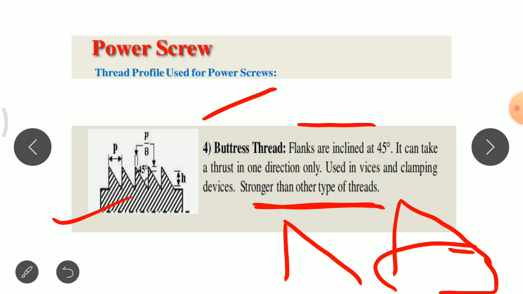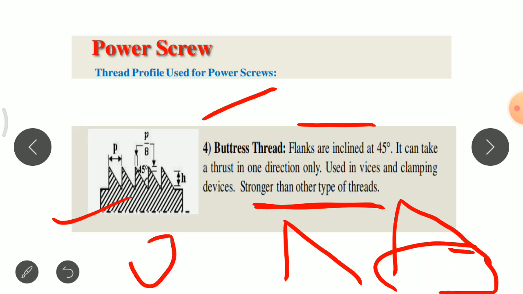This thread also has a limitation: it is used where the force or power is required to be transmitted in only one direction. We cannot transmit in both directions, as we discussed for the previous ones.